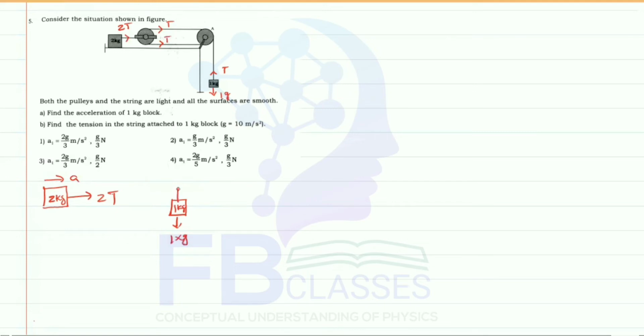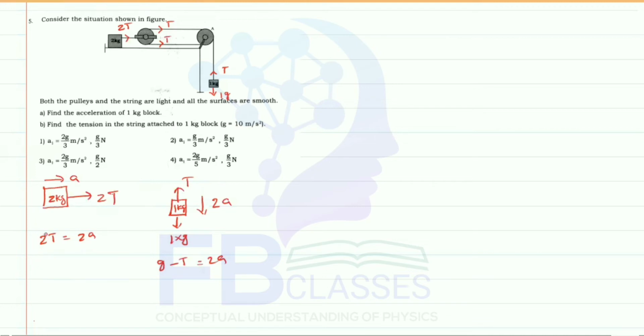Upwards is tension T and acceleration is downwards, so I consider it as 2a. Okay, now 2T is equal to ma, that is 2 into a. Here acceleration is downwards, so g minus T is equal to 2a.